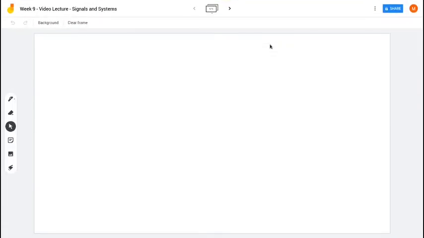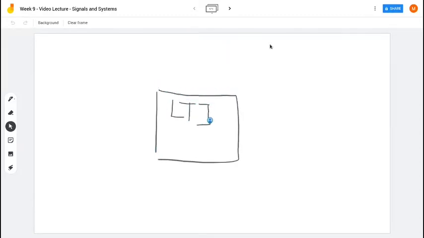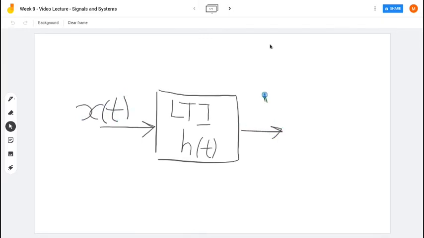So if we have a continuous time LTI system, we can also define the so-called impulse response, but now it will be called h of t, where h of t is the output coming out from the system if the input is an impulse delta of t. So if we have a system with input x of t and an output y of t, the impulse response h of t is defined as follows.